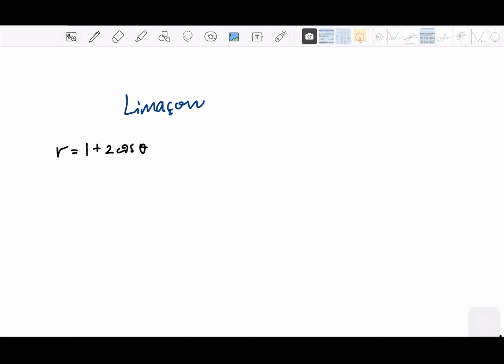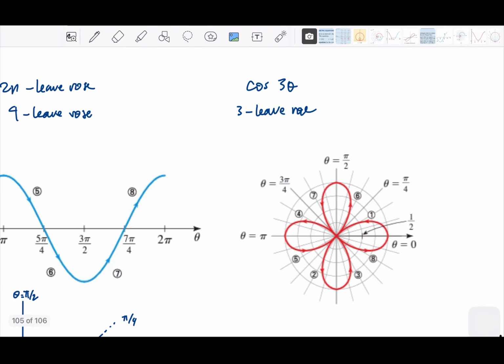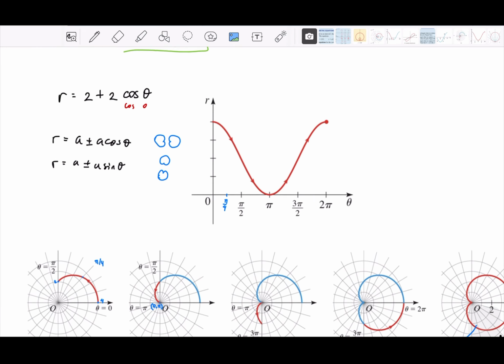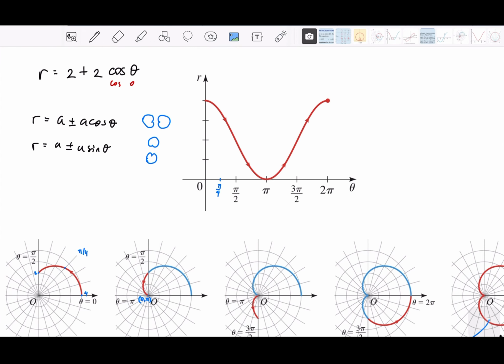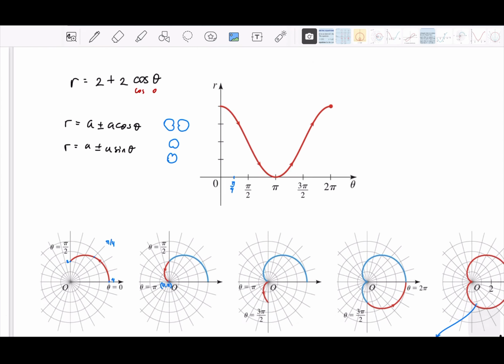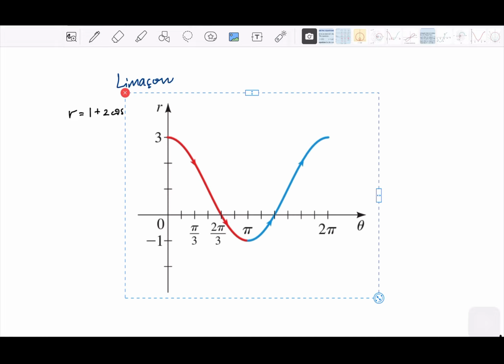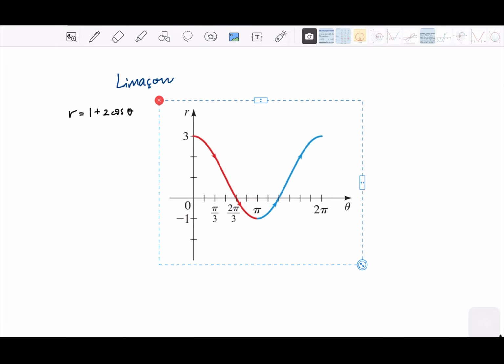If we take a similar approach as with the cardioid, we draw the r and theta graph. So let's do the same thing and graph r equals 1 plus 2 cosine theta in rectangular coordinates.